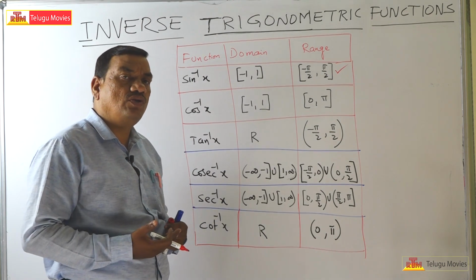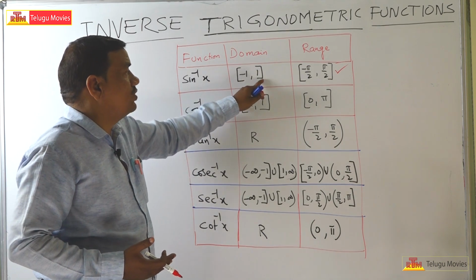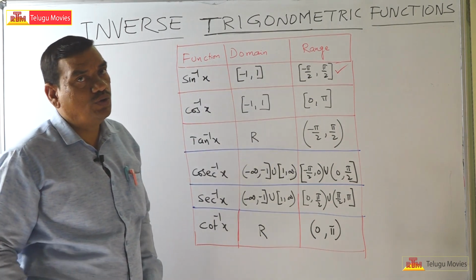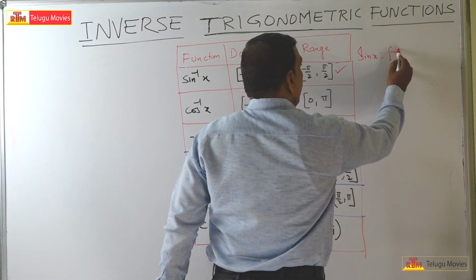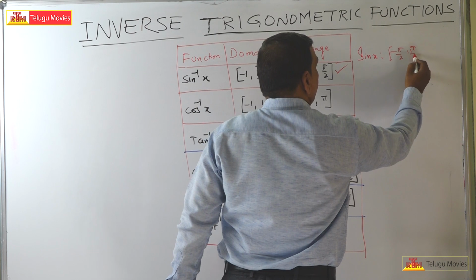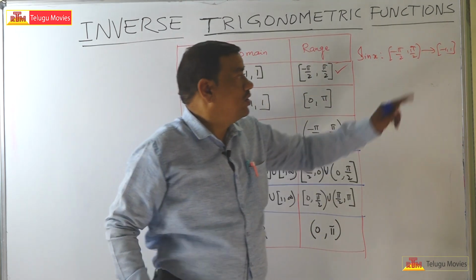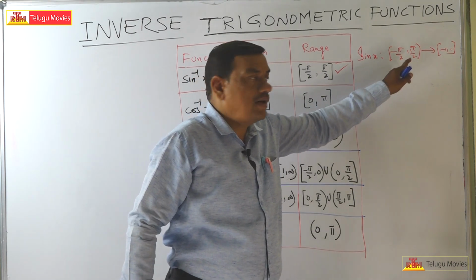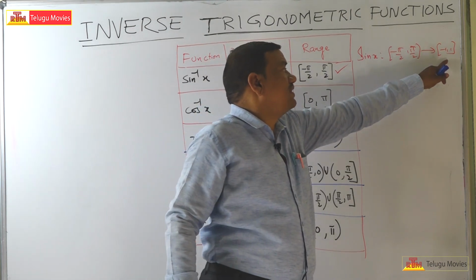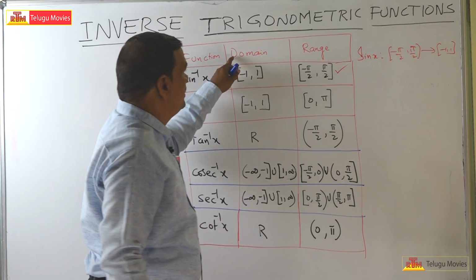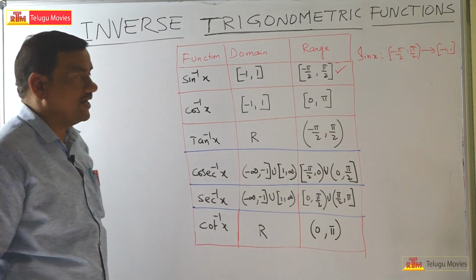So, as usual, for the inverse function, the domain will be minus 1 to 1 and the range is minus pi by 2 to plus pi by 2, reversed. So for sine, minus pi by 2 to plus pi by 2 is the domain and minus 1 to 1 is the range. For the inverse function, this will be the domain and this will be the range.